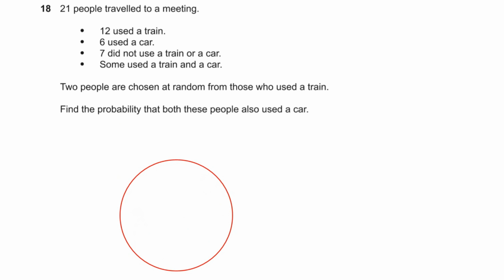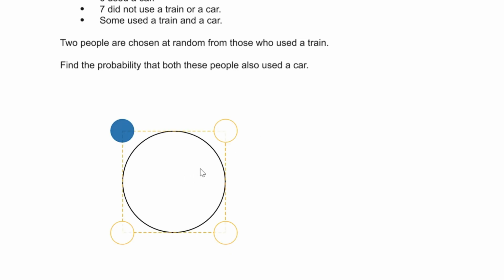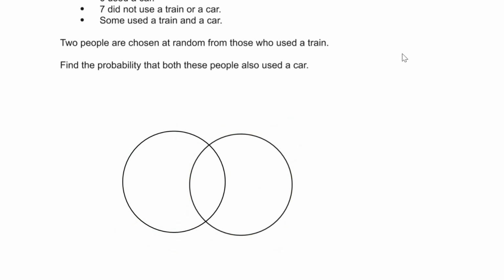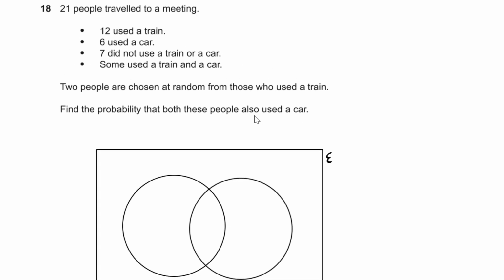So if we create 2 circles, as we see here, and surround this by a box, like so, what we have is a set of people, and we've got 21 people in total.